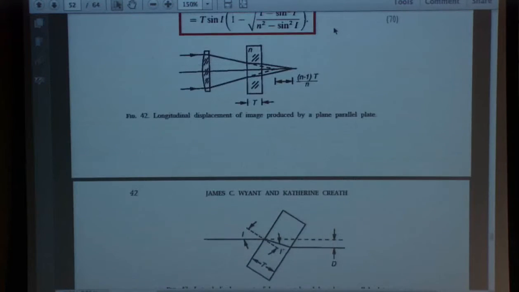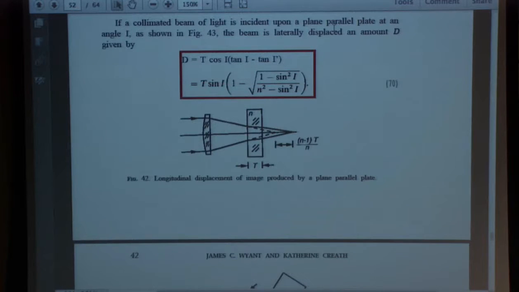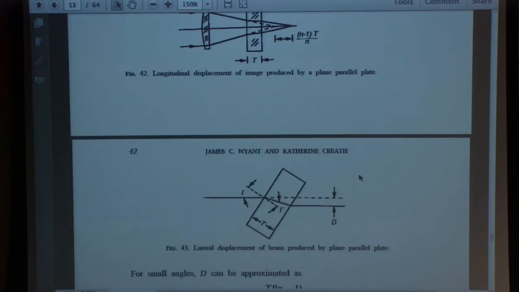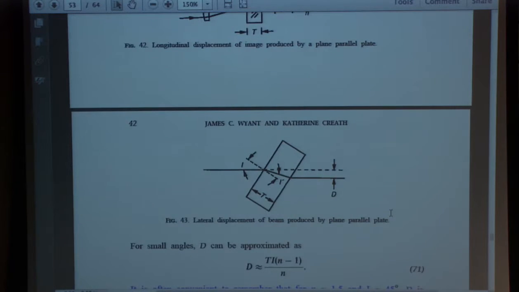I remember when I first got out of college, I had a job working in industry, and we were designing some interferometer. And I was working with a mechanical engineer. And I was going to calculate what this is. And this was so long ago, not only did we not have computers, we didn't even have calculators. I know it's hard to believe, but there was a time in the world when we didn't have calculators.